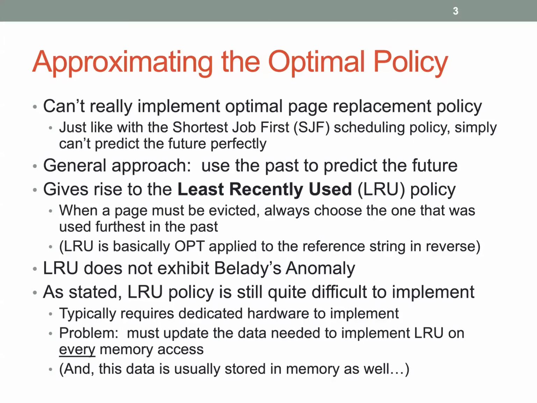It's really easy to implement LRU in a purely software-based system. If you're talking about accessing open files for your file cache, or database pages in a database implementation, it's quite easy to implement LRU. But we're talking about a very high-speed, high-performance context: memory accesses and the virtual memory system.